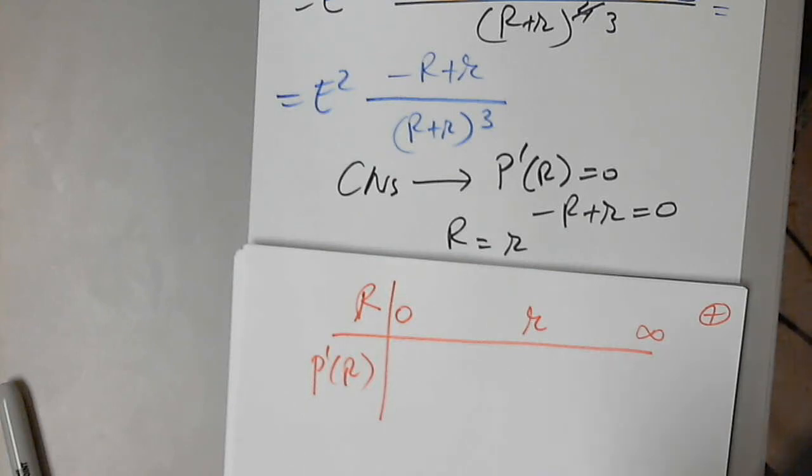So at r, the function has a critical number, so P prime is 0 at r. This is our derivative. Okay? So I will not dare to plug in.